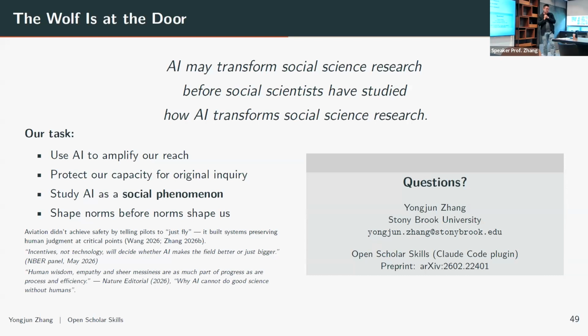Another quick comment on this question is, yes, producing a skill requires certain AI agent knowledge, but nowadays you can use AI to create a skill. Claude Code has a skill creator, right?